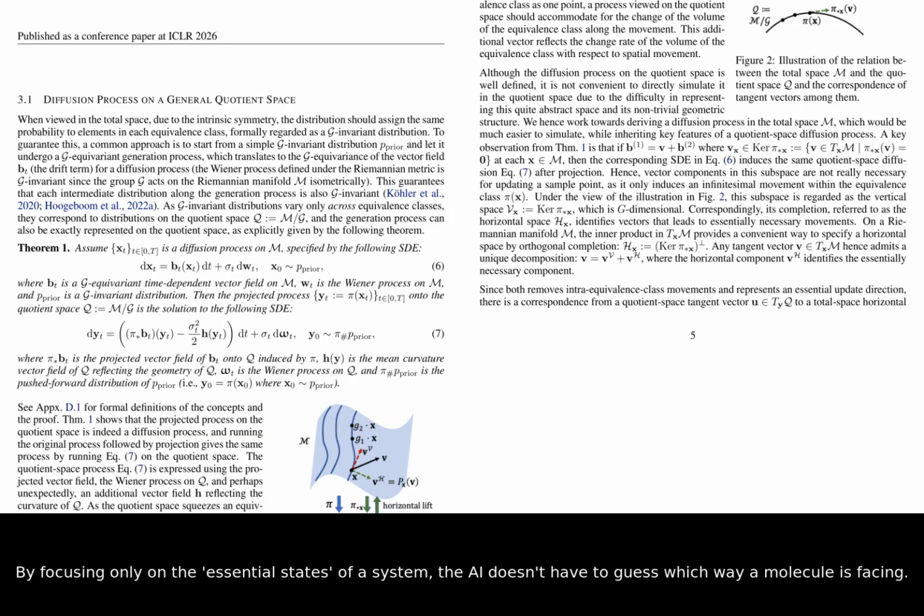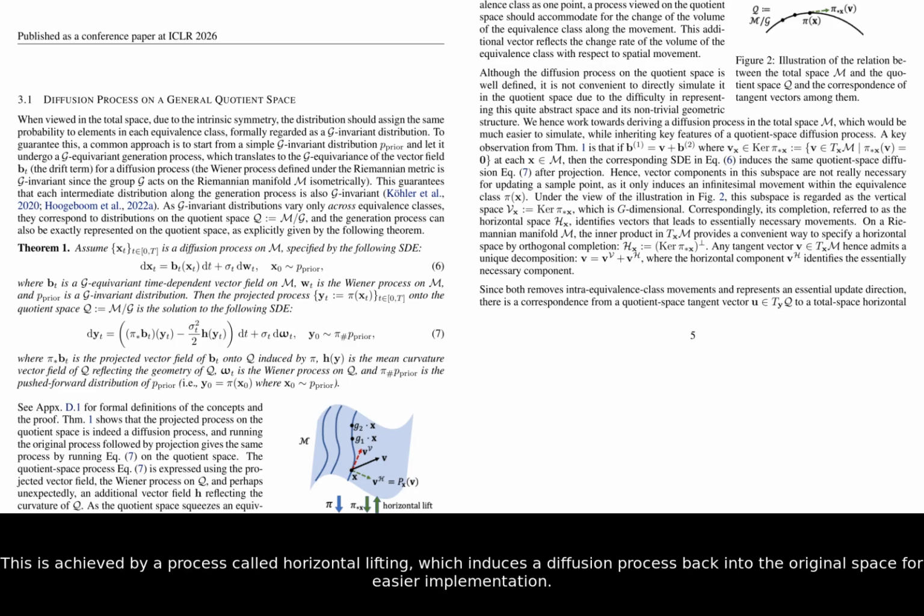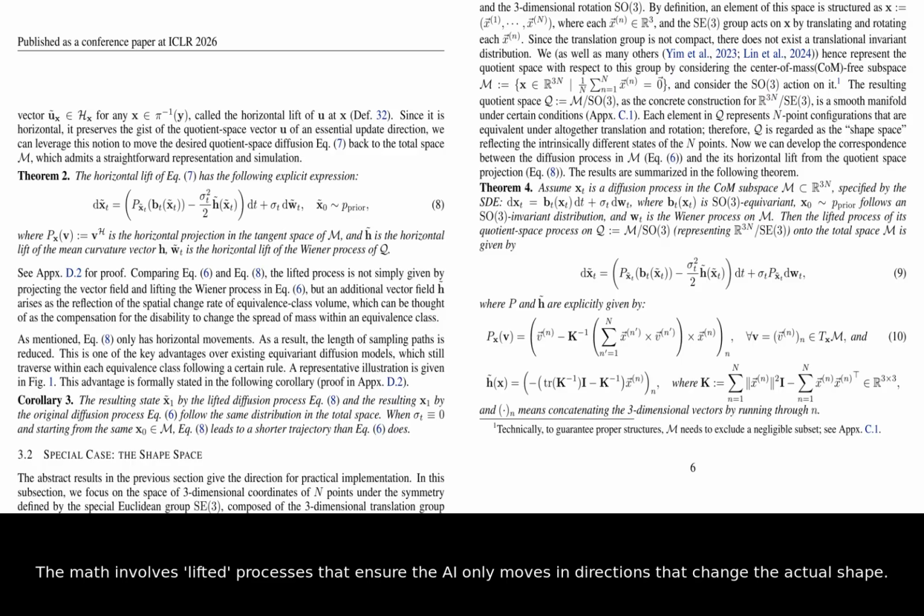By focusing only on the essential states of a system, the AI doesn't have to guess which way a molecule is facing. This is achieved by a process called horizontal lifting, which induces a diffusion process back into the original space for easier implementation. The math involves lifted processes that ensure the AI only moves in directions that change the actual shape.